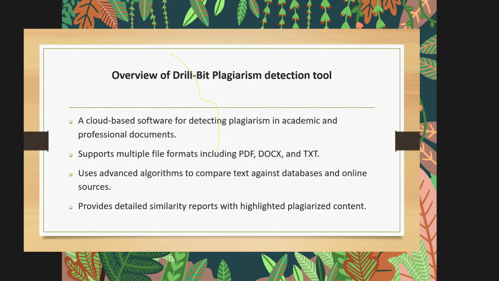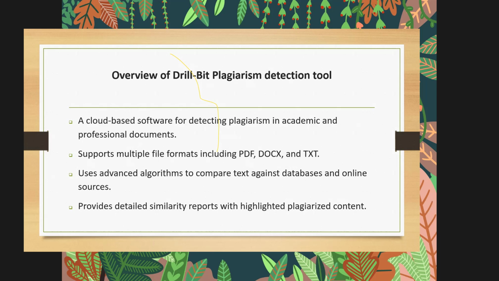An overview. It's a cloud-based software for detecting plagiarism in academic and professional documents. It supports multiple file formats, including PDFs, docs, and text documents. It uses advanced algorithms to compare text against databases and online sources.